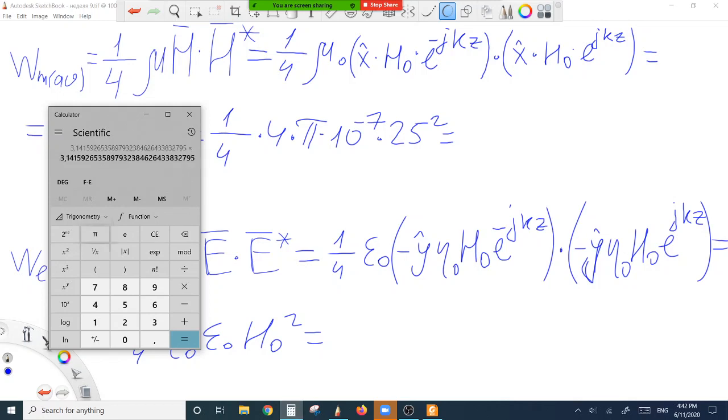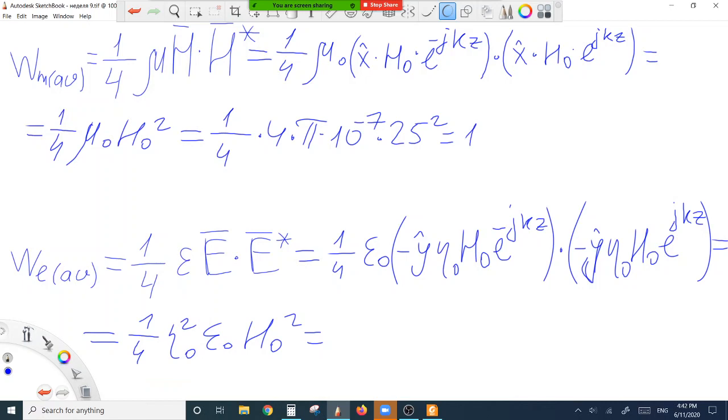Pi multiplied by 625 times 10 to the minus 7, divided by 1, 2, 3, gives 1.96 times 10 to the power of minus 4 joule per meter cube. This is the stored time averaged magnetic energy.